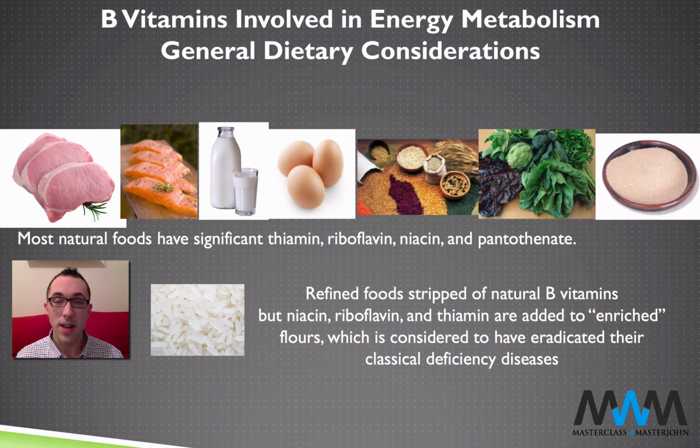This is not to reconstruct the original nutritional composition of the flour, and that causes some problems of its own. But what it is, is a way of managing a public health policy to recognize that historically those deficiencies were so prevalent, and now they're virtually eradicated because people can continue to eat refined foods, and although that might not be the healthiest option for them, it's not causing overt deficiencies of these vitamins.